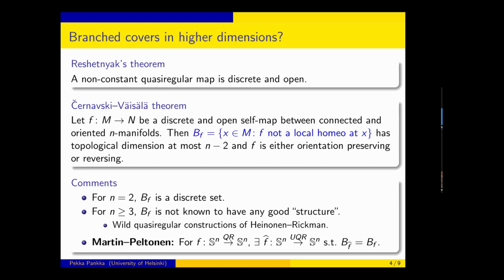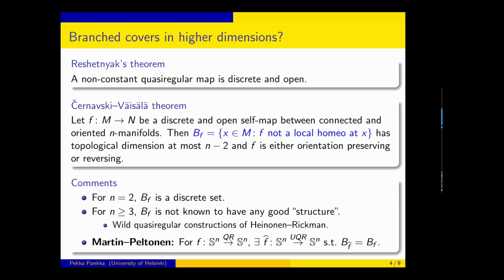I think the only thing that has really happened after that is that things have in some sense gotten worse, because Heinonen and Rickman created these examples of quasi-regular maps where the branch set is wild.